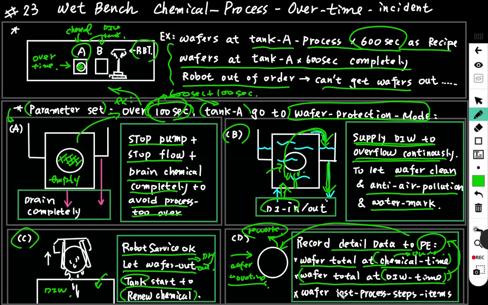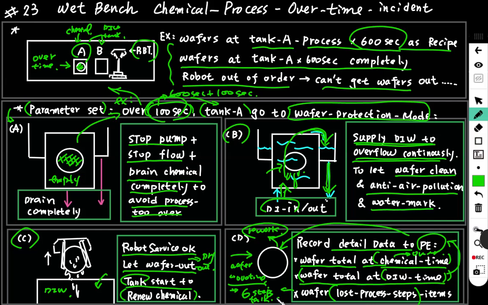And the wafer's lost process steps. The wafer stays in the wet station. For example, it needs to go through 6 steps in total, or we call them 6 tanks.